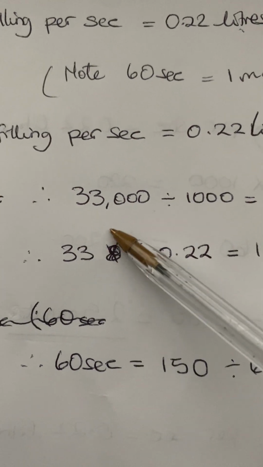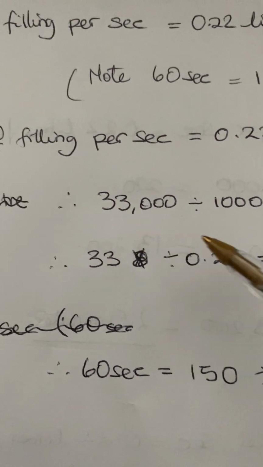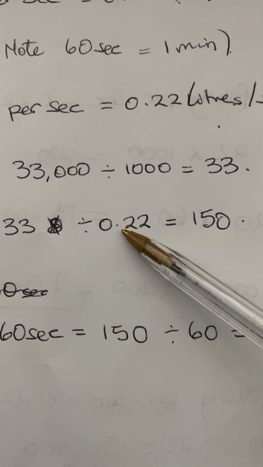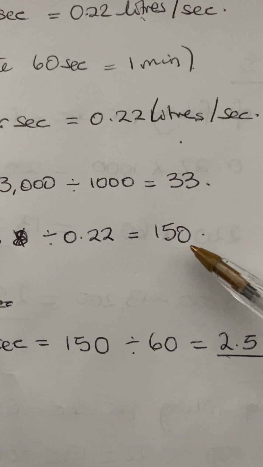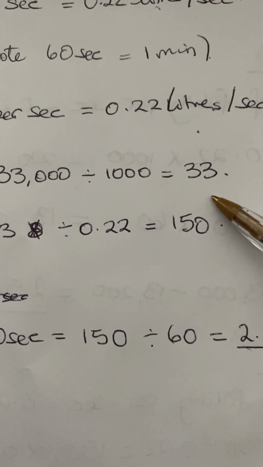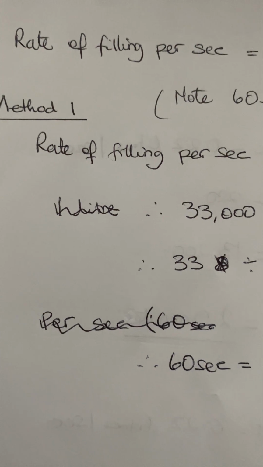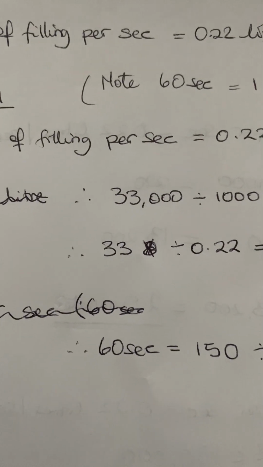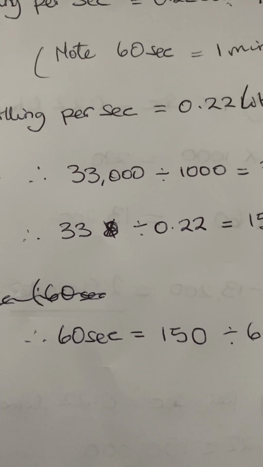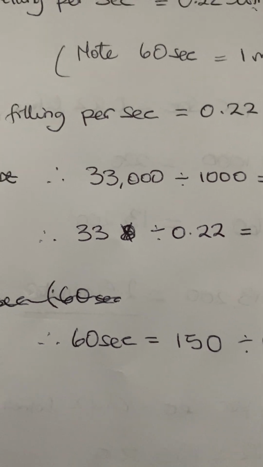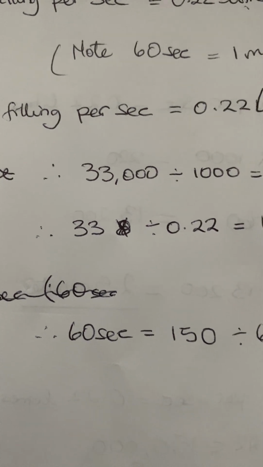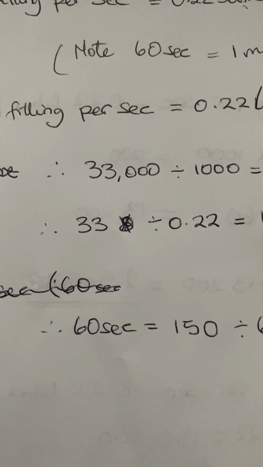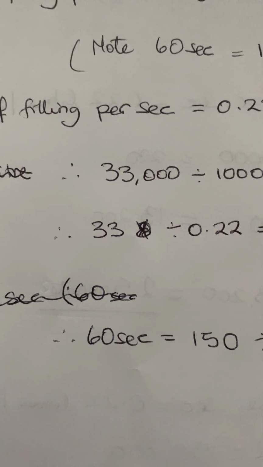Then with that 33, I'm going to divide by the per second rate 0.22, so I'll have 150 seconds. Now this is in seconds, and I've been asked to put my answer in minutes. 60 seconds equals 1 minute.